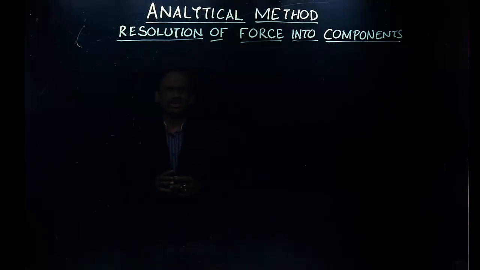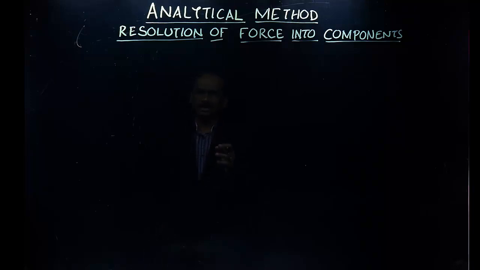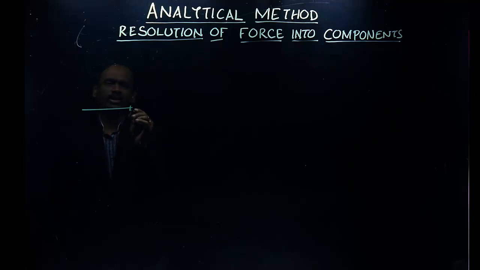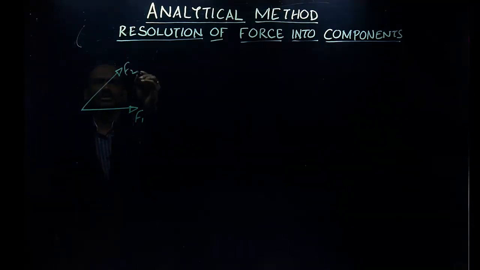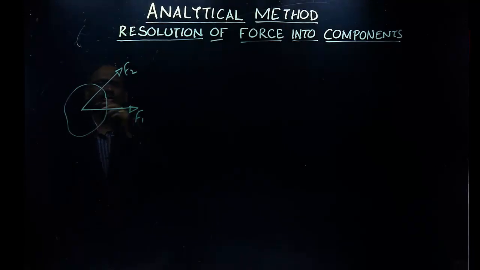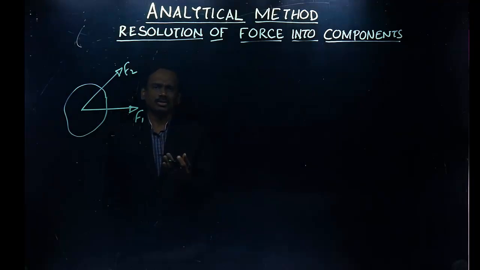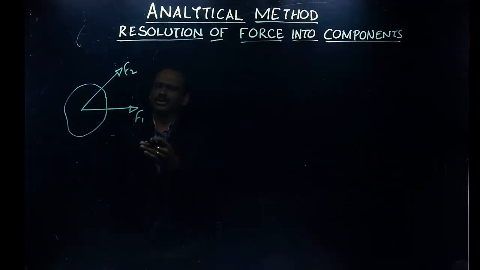In the previous two sessions, we saw how to find the resultant using the graphical method. This graphical method is much simpler if there are only two forces acting upon a body. Say this is a body and there are two concurrent forces acting. If there are more forces, we can still use the graphical method, but it becomes very tedious and cumbersome.